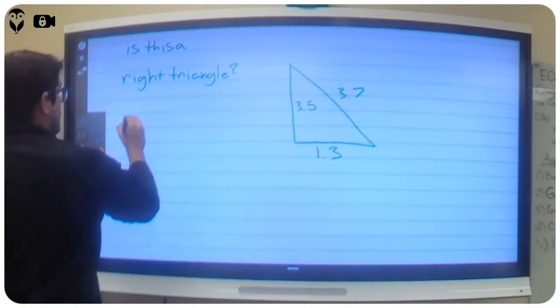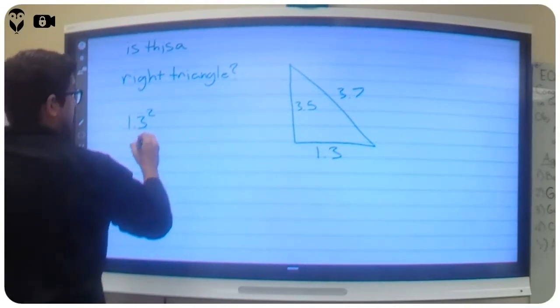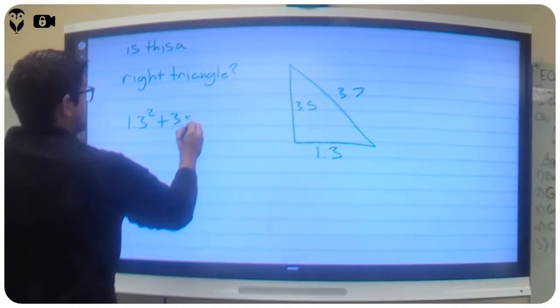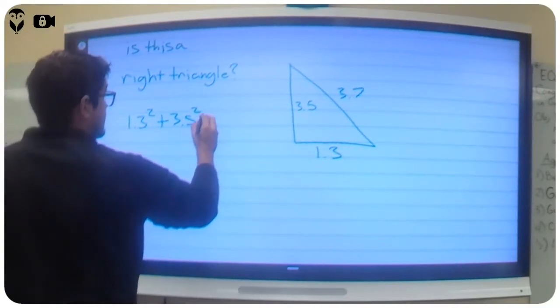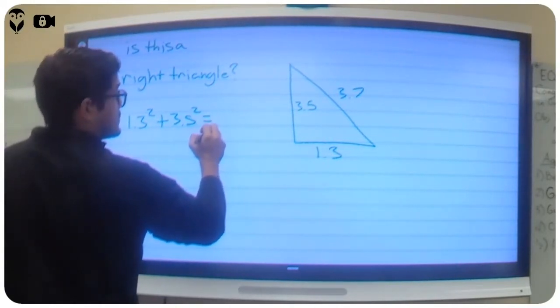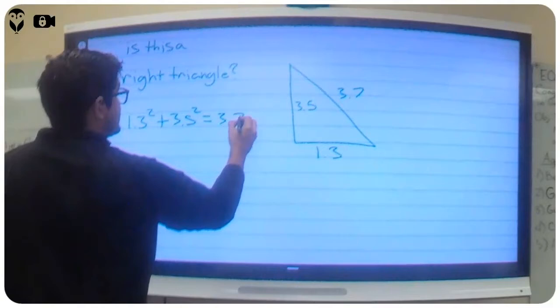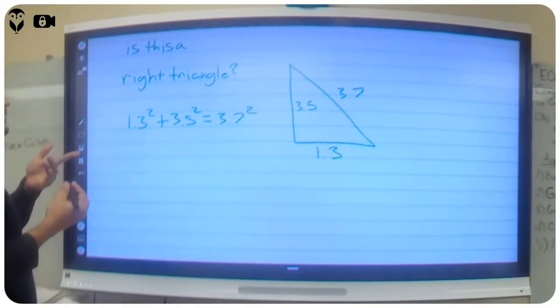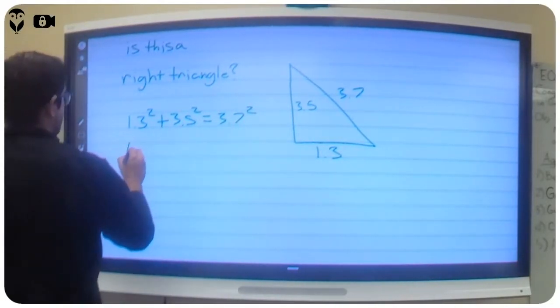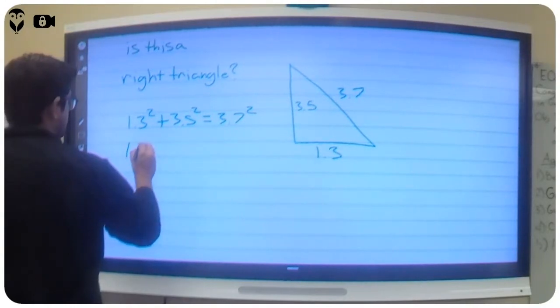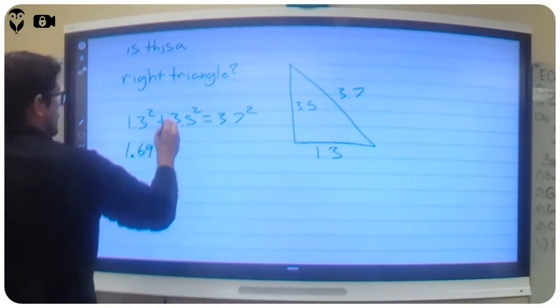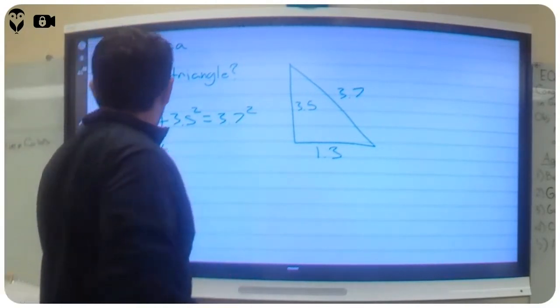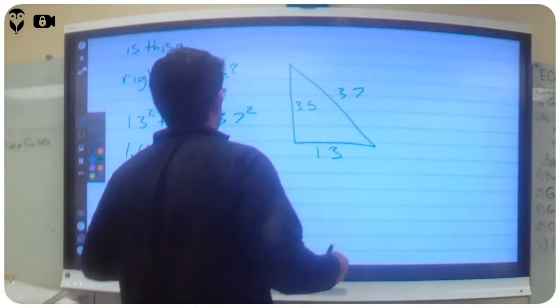So it's going to be 1.3 squared plus 3.5 squared equals 3.7 squared. So 1.3 times 1.3, that's going to be 1.69. That one's easy. 3.5 times 3.5, that's going to take a little bit of math, so we'll work over here on that.